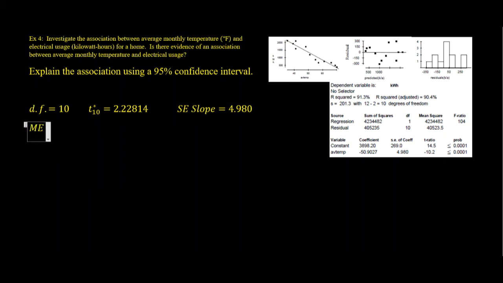So our margin of error will be 2.22814 times 4.980, t star times the standard error of the slope, which equals 11.0961.